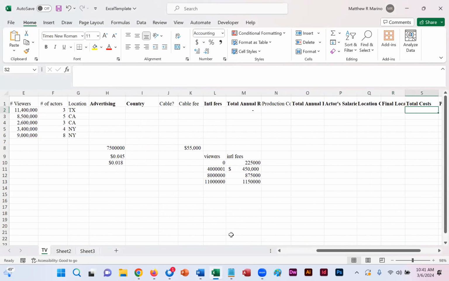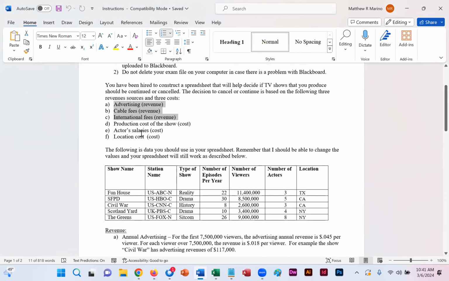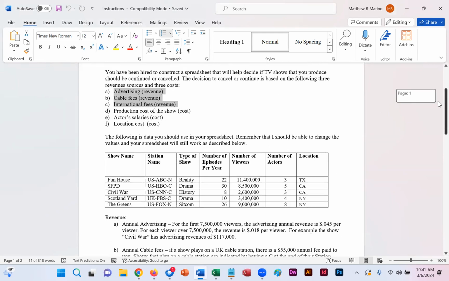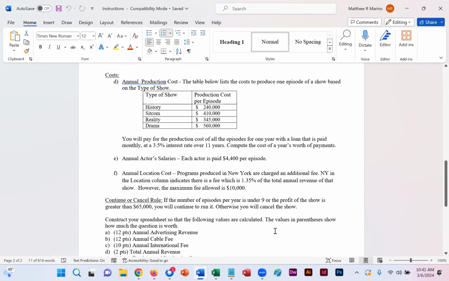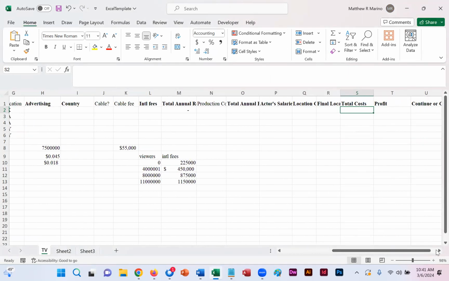And then for total costs, it says production costs of the show, actor salary, and location costs. And then it describes how you would get that information. So when you have the total cost column here in column S, you would do equals N, which is your production cost, plus, wait, let me double check that.